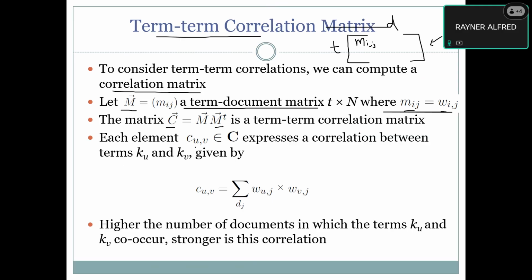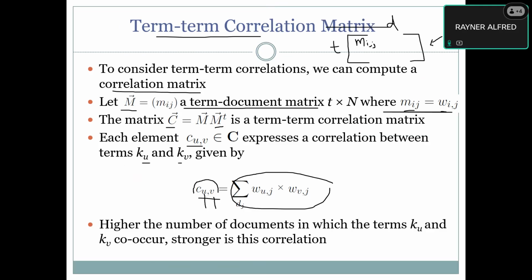And each value in the correlation matrix expresses the degree of correlation between terms U and V here. This is how much they are correlated to each other, between keywords U and V. And this is calculated as this one.